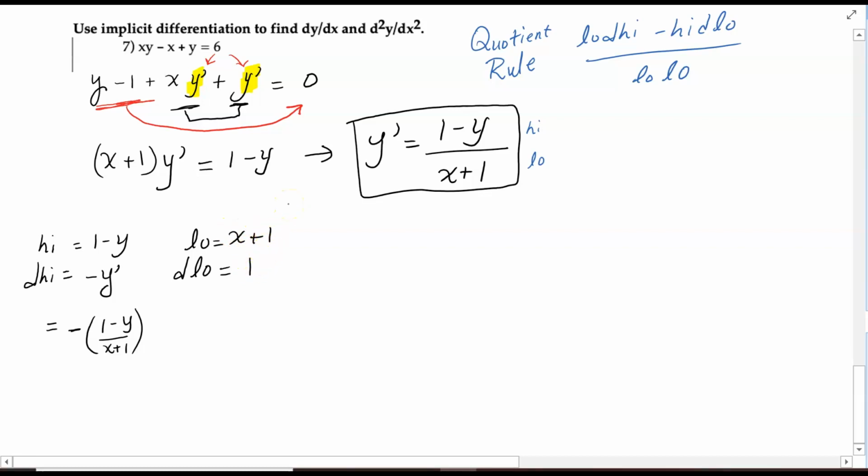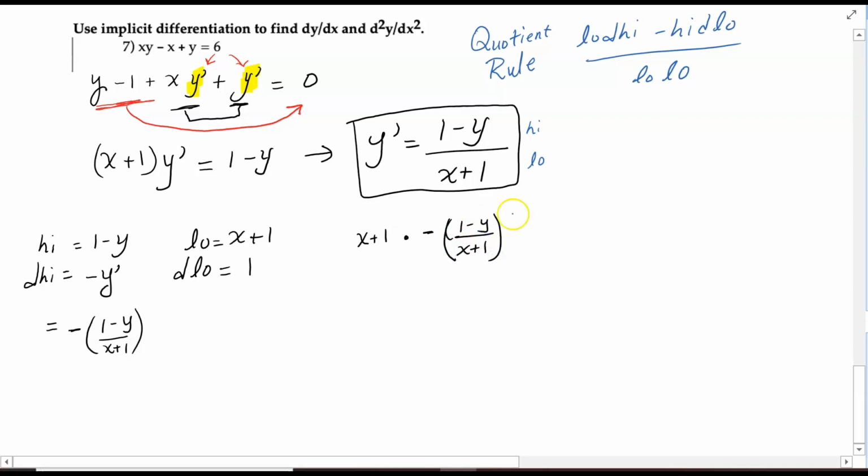So now we piece it all together. Let's see what we get. Low d high is going to be x plus 1 times your negative y prime, which is x plus 1 times a negative of 1 minus y all divided by x plus 1, just like that.